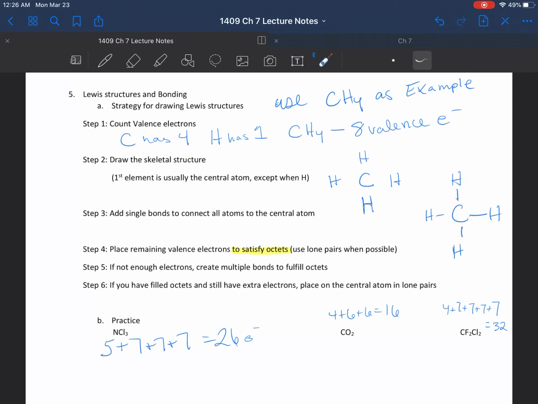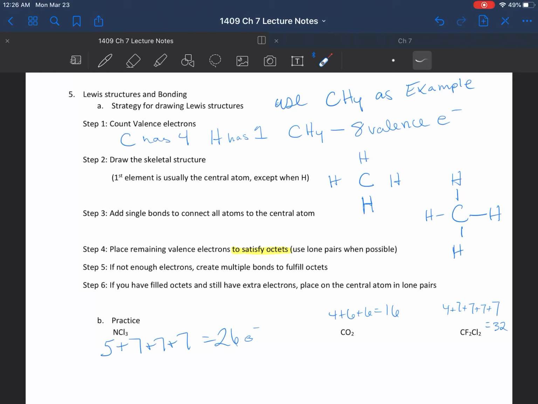Now, step 4 here is really important. It's where we check our octet rule. We place remaining valence electrons to satisfy octets. Now, I need to do a little inventory. I've used 2 electrons for each single bond, so I've used 2, 4, 6, 8 electrons. I don't have any more electrons.